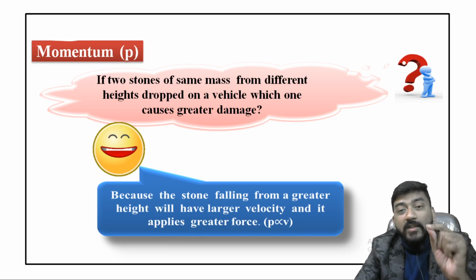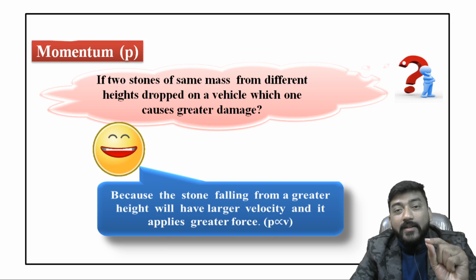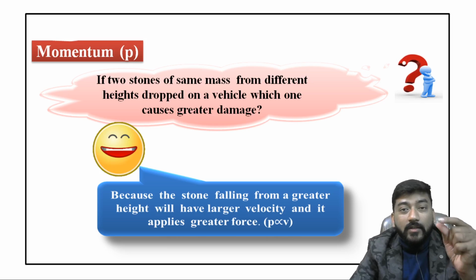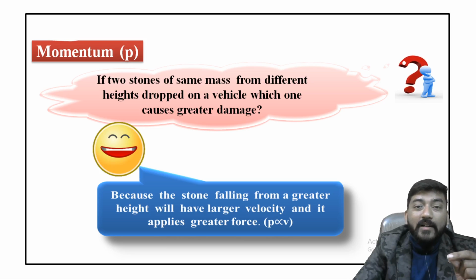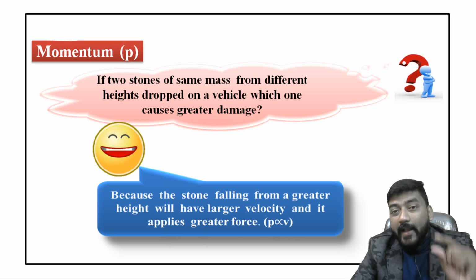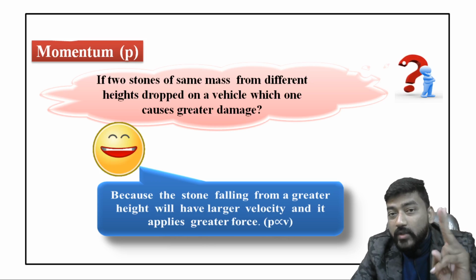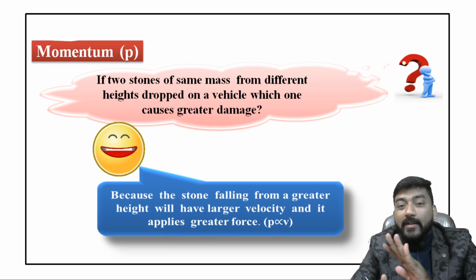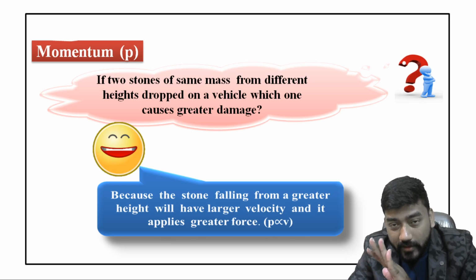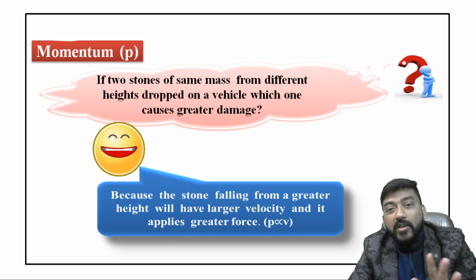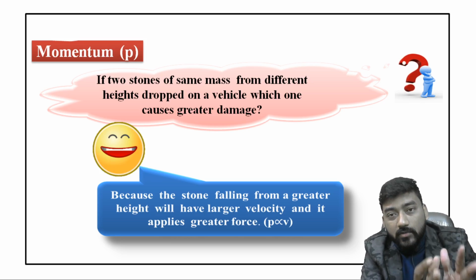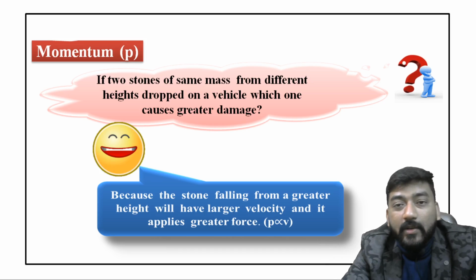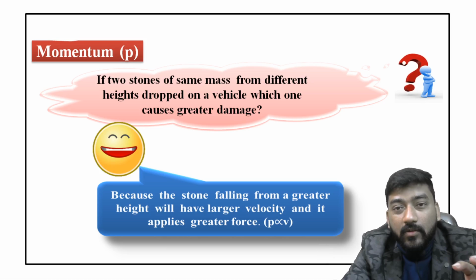So you can understand that the damage occurring on the car is due to the motion of the object, and within the motion there are two different physical quantities, mass and velocity. The damage caused on the vehicle will depend on mass and also on velocity.